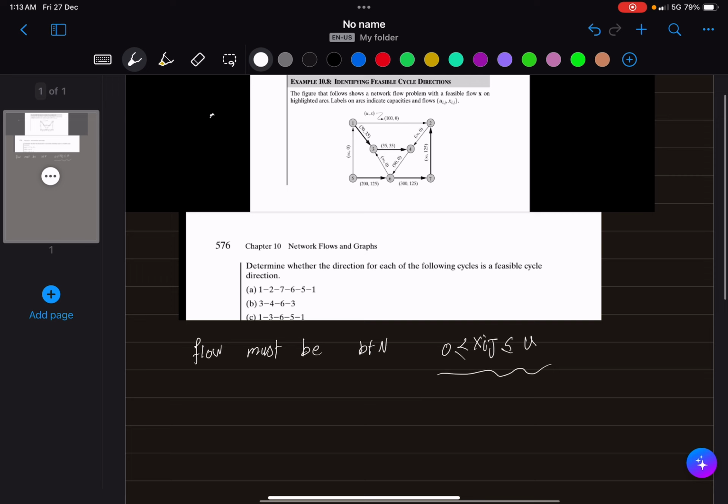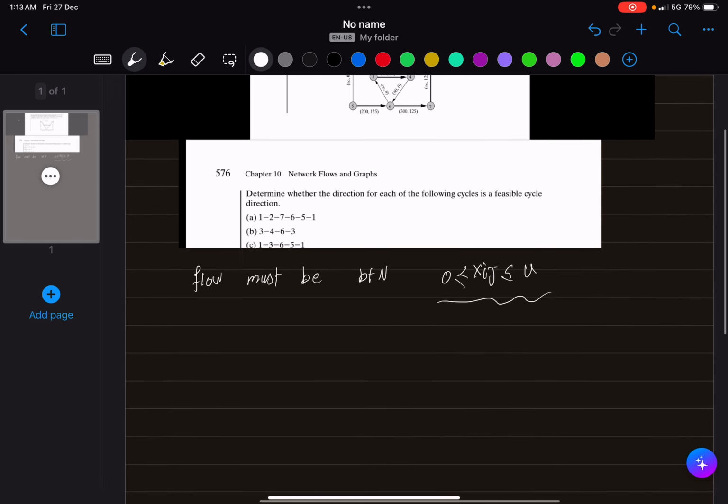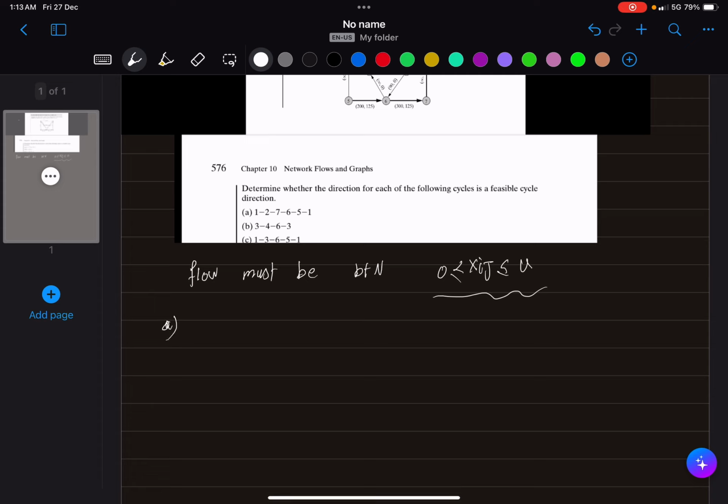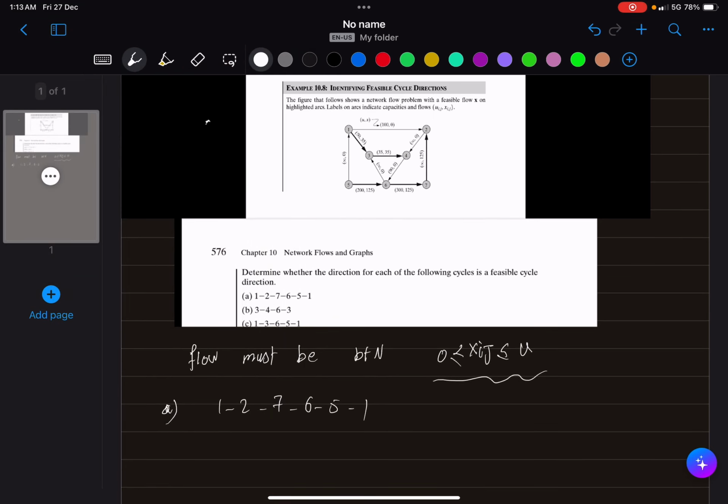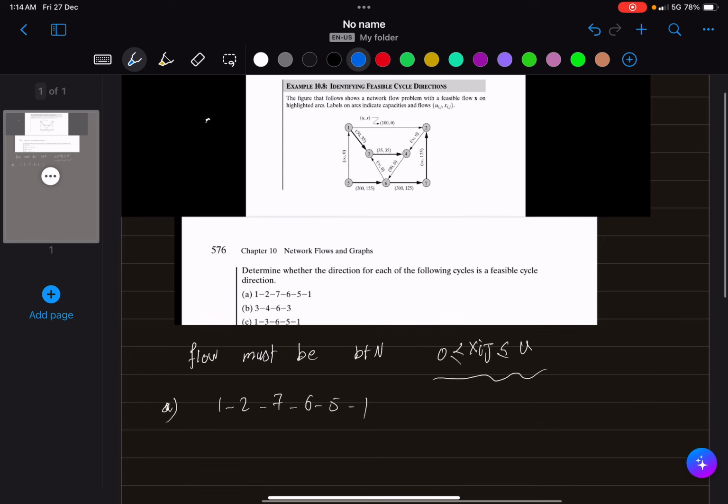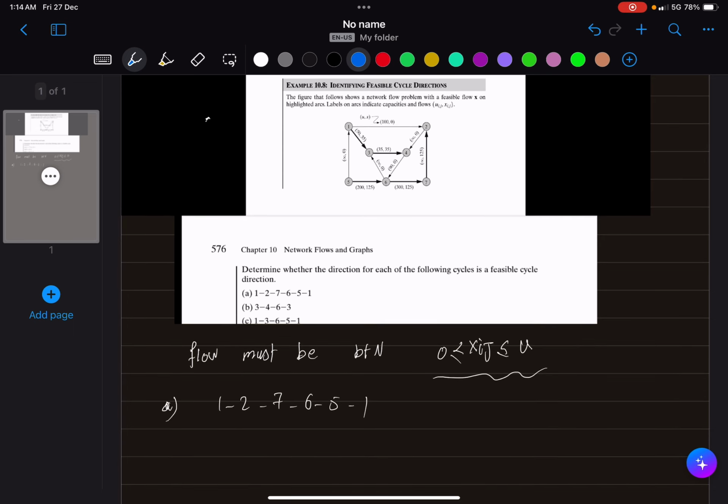It asks me to determine the feasible cycle direction for part A, the cycle 1-2-7-6-5-1, which is the outer loop, as we can see here in my diagram.